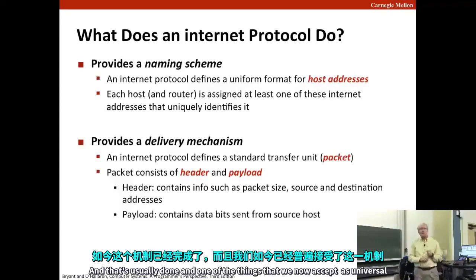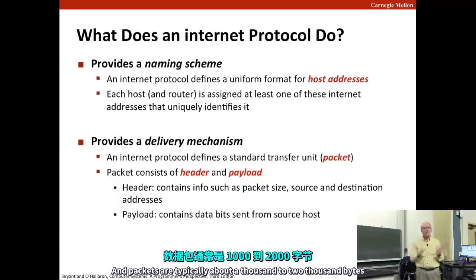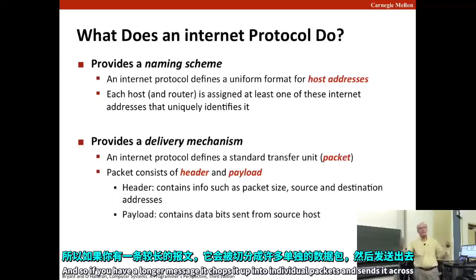And that's usually done in one of the things that we now accept as universal, but it really wasn't when it first came out, was the idea of you take all your data and you divide it into packets, and packets are typically about 1,000 to 2,000 bytes. And so if you have a longer message, it chops it up into individual packets and sends it across.